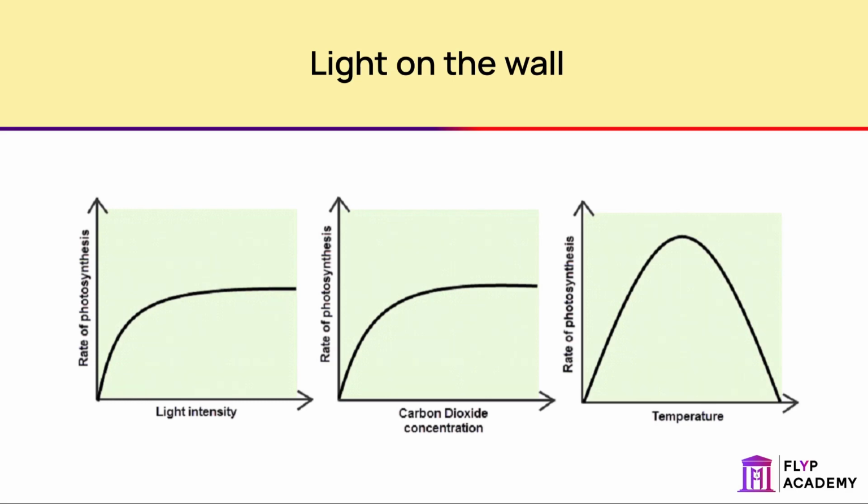This means that the rate stops increasing and becomes constant, showing that there is something else acting as a limiting factor. The temperature graph shows the rate increasing as temperature increases up to an optimum temperature. This is when the rate is highest. The rate then decreases as the enzymes become denatured.